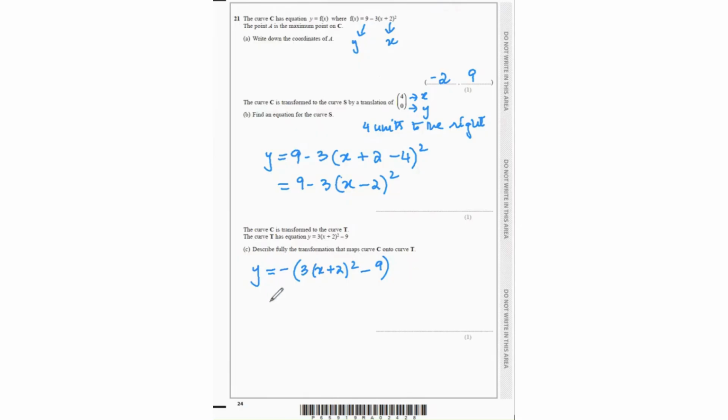Which means your y value is becoming negative, and y value can only be negative if it's reflected in the x-axis. So what's happening is that the graph is reflecting in the x-axis. If your x value is becoming negative, that means the graph is reflecting in the y-axis. So reflection is also a very important part when it comes to transformation of graphs.